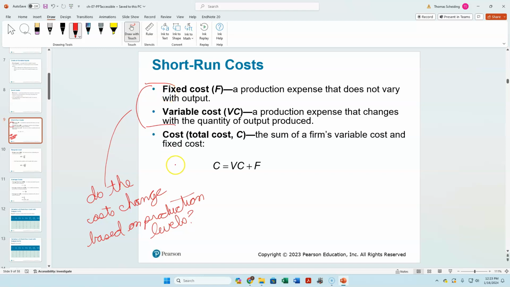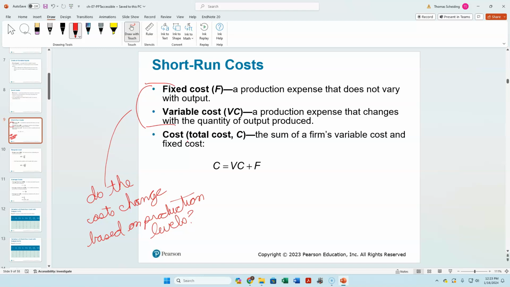A pretty simple example of a variable cost would be something like electricity, trash services, different employee costs. Fixed costs, though, would be something like your warehouse.